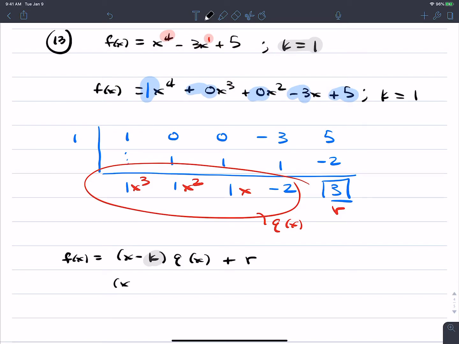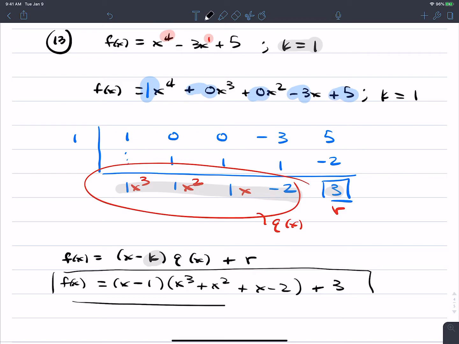So this will equal x minus 1. This is my function. My quotient function is x cubed plus x squared plus x minus 2. This is what we just found, right in here. Our remainder here is going to be plus 3. This is what we also just found. So we're simply making use of all these coefficients with synthetic division, and we're using this division algorithm. This is the format they want us to write our answer in.